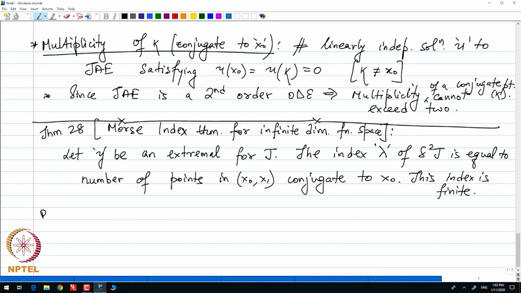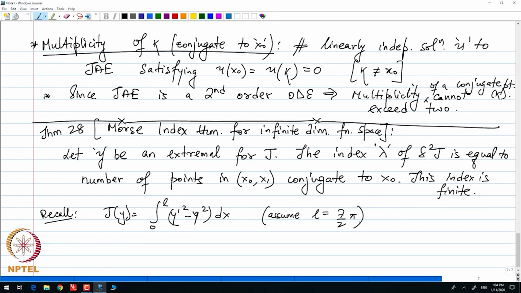Recall our example, j of y given by integral 0 to L of y prime square minus y square dx, and this time I am going to assume that L is, let us say, 3.5 pi. Certainly it is bigger than pi.